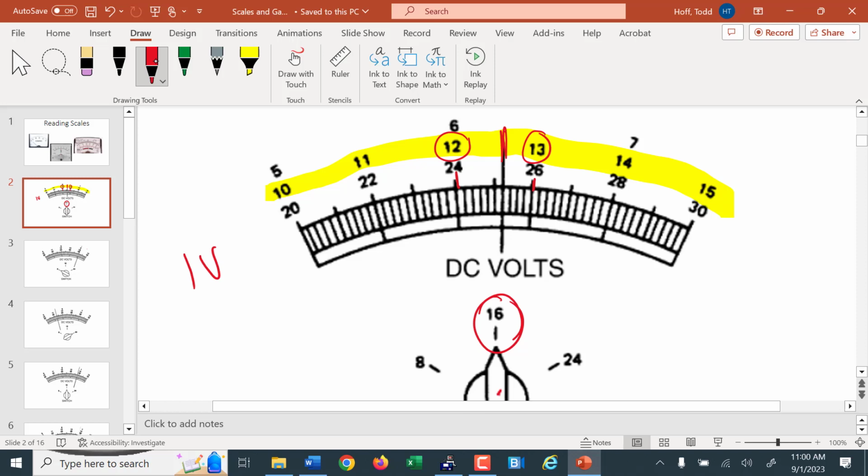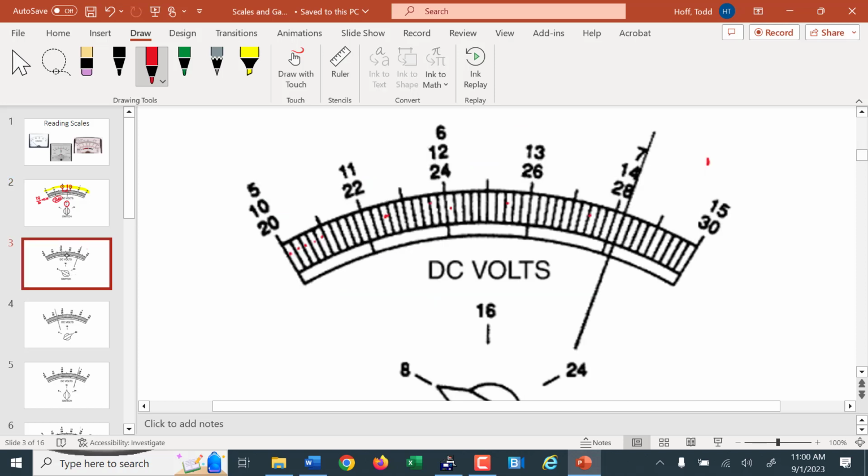How many spaces are in between there? 1, 2, 3, 4, 5, 6, 7, 8, 9, 10. Divide by 10 spaces, that is 0.1 volt for each space. So this is 12, 0.1, 0.2, 0.3, 0.4, 0.5, 0.6. That one's fairly simple because each line is 0.1 volt.